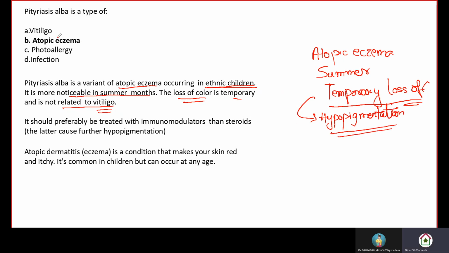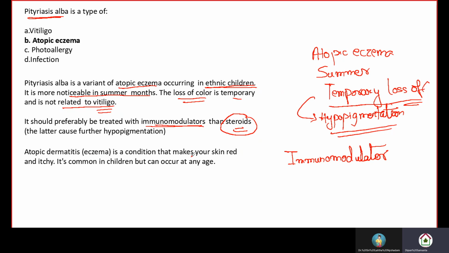Temporary hypopigmentation is seen in pityriasis alba. It should preferably be treated with immunomodulators rather than steroids, but steroids can also be given.